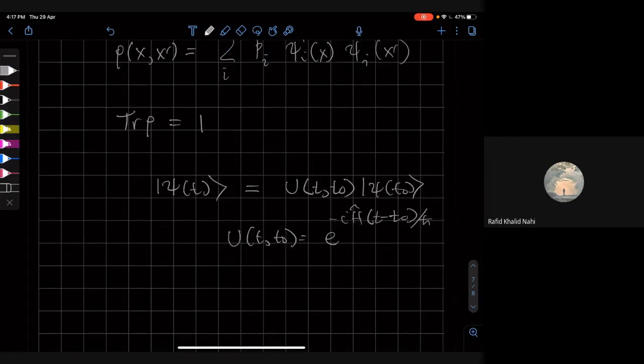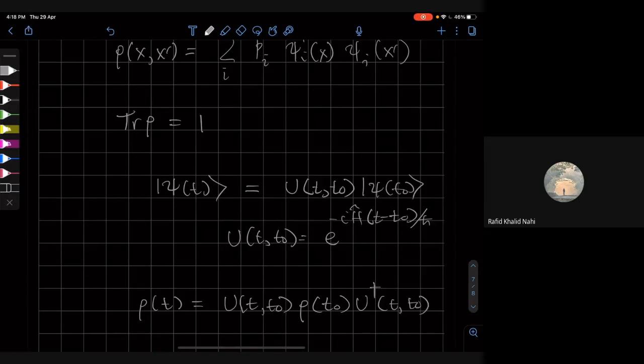So by linearity, the way that the density matrix evolves is by U(t, t0) acting on the density matrix at some past time t0 by a similarity transformation, right?